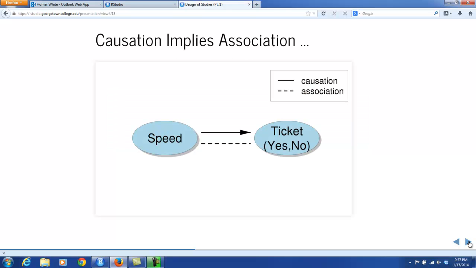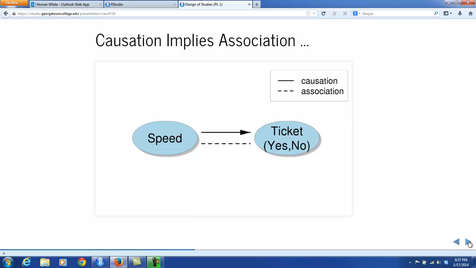Now, I'd also like to make it clear that there's a distinction between one variable causing the other and two variables simply being associated or related. We've done a lot with detecting and describing relationships, but I want to make very clear that relationship or association isn't really exactly the same thing as causation. It is true that whenever one variable causes another, you'll find that the two variables are associated.